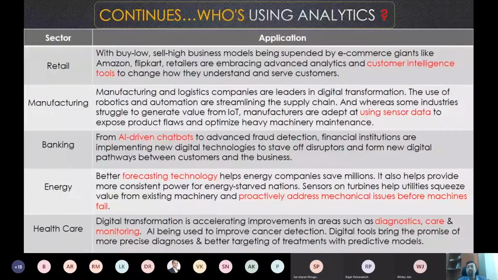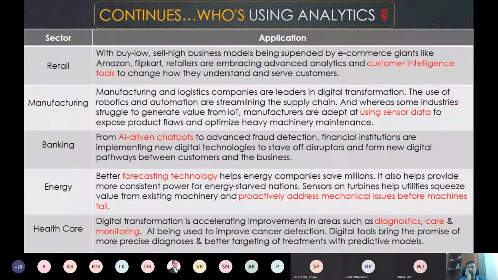Trying to understand the customer psyche, the likes and dislikes of customers, through a lot of unstructured data, big data, using analytics. So that's the need to focus on customer intelligence. That should be the core focus of retail in order to get a competitive advantage over competitors, right?